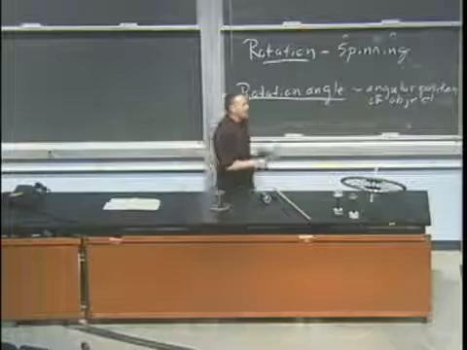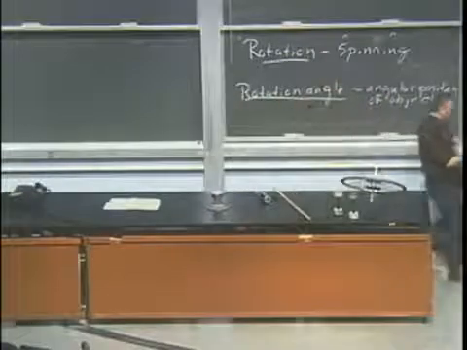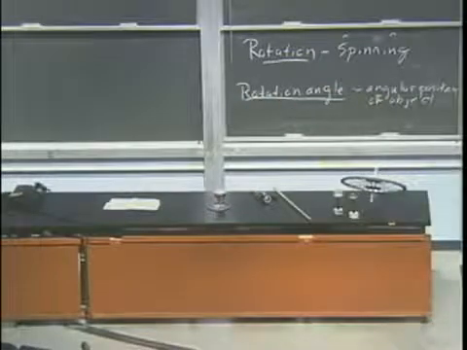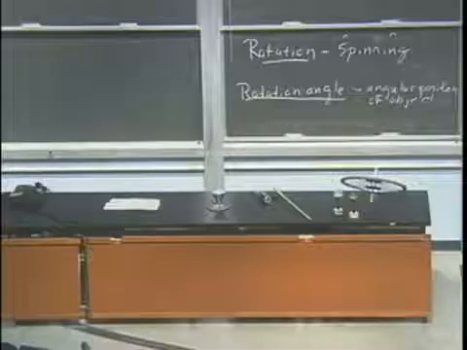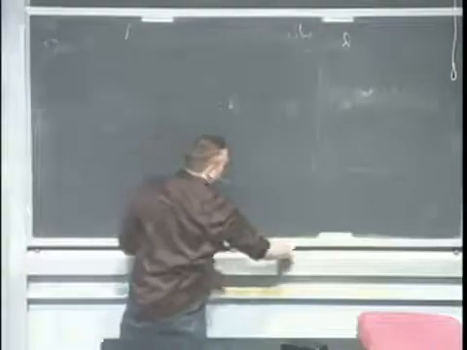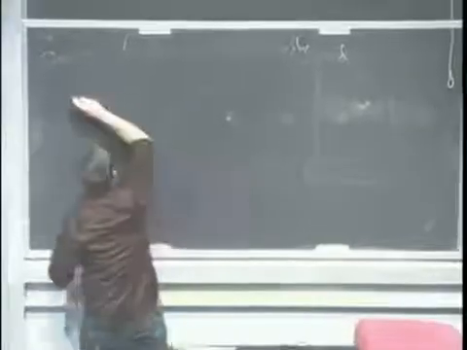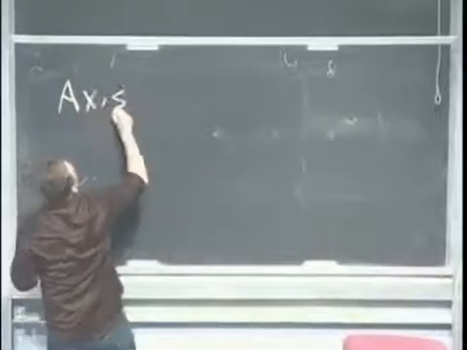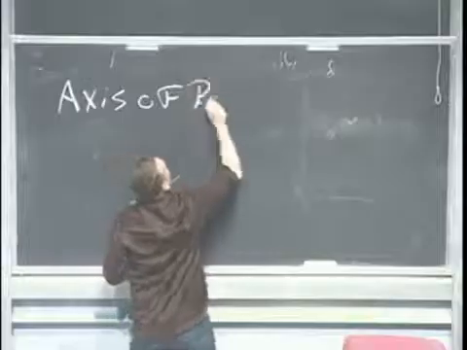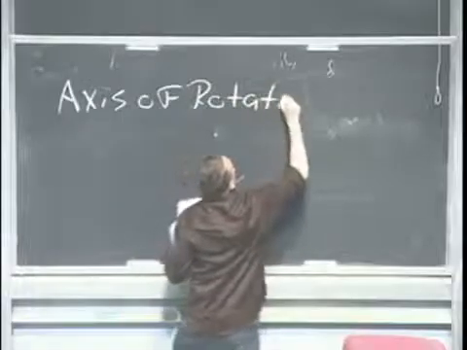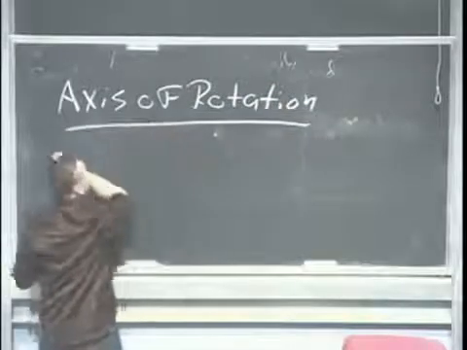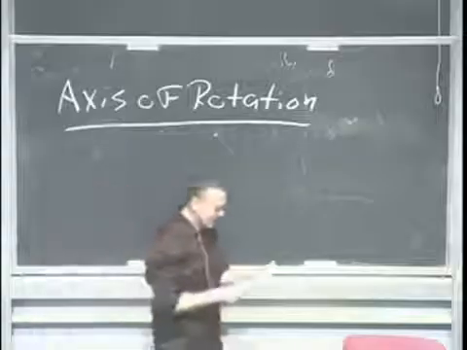And it defines a unique direction for this. So let's define that. Axis of rotation, it's the unique direction for an object that's spinning.